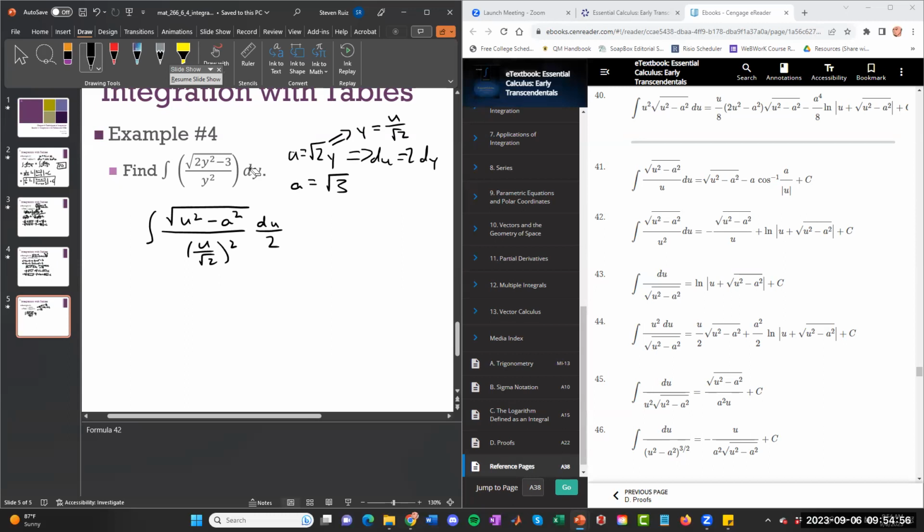Yeah, we got to transform the dy. So I have du equals radical 2 dy, right? Does that mean dy equals du over radical 2? Thank you. Yeah, I deserve that. So that should be fine, right? First try.